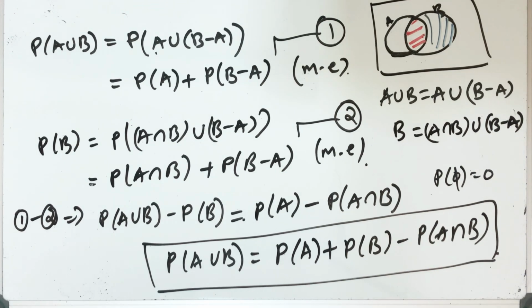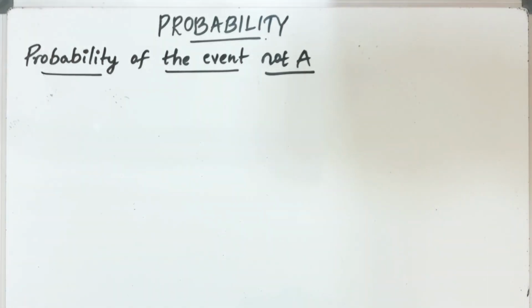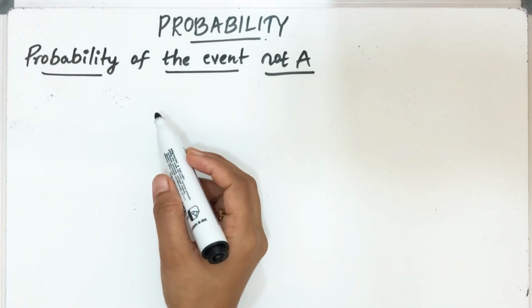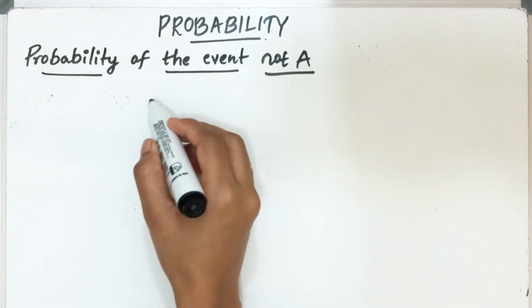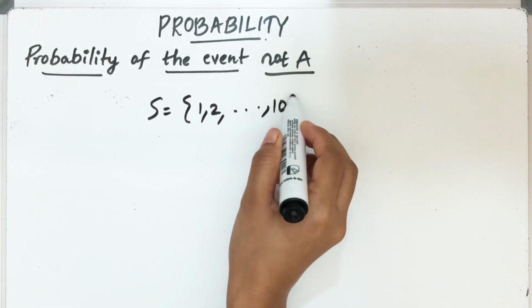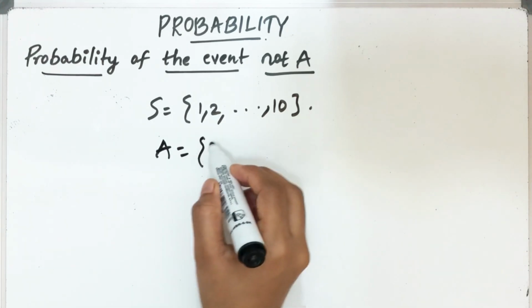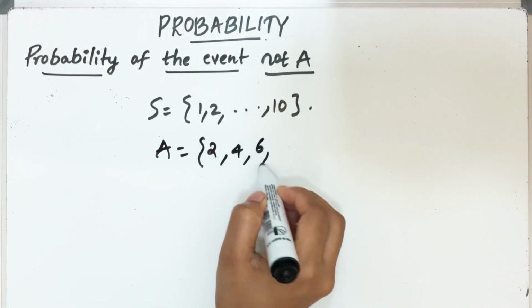Next, we can see the probability of the event not A. Consider the experiment of drawing a card from a deck of 10 cards numbered from 1 to 10. Then S is equal to {1, 2, ..., 10}. Consider the event A is equal to {2, 4, 6, 8}.